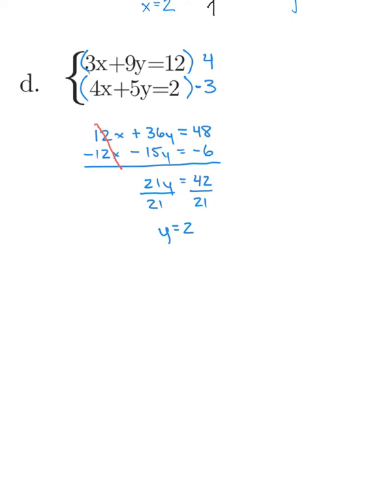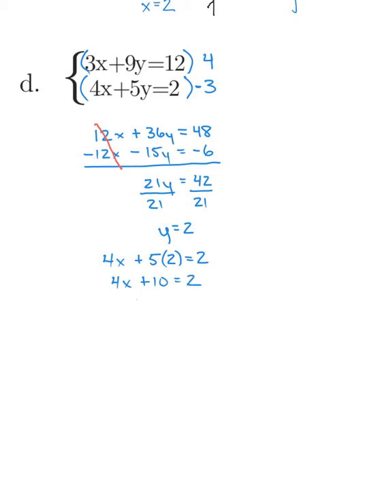Alright, so let's go ahead and take this and plug it back into an original equation. I'm going to work with the bottom one again because we got some smaller numbers going on there. And so if we plug this in, we get 4x plus 5 times y, we said was 2, equals 2. We can go ahead and multiply 5 times 2, giving us 10.